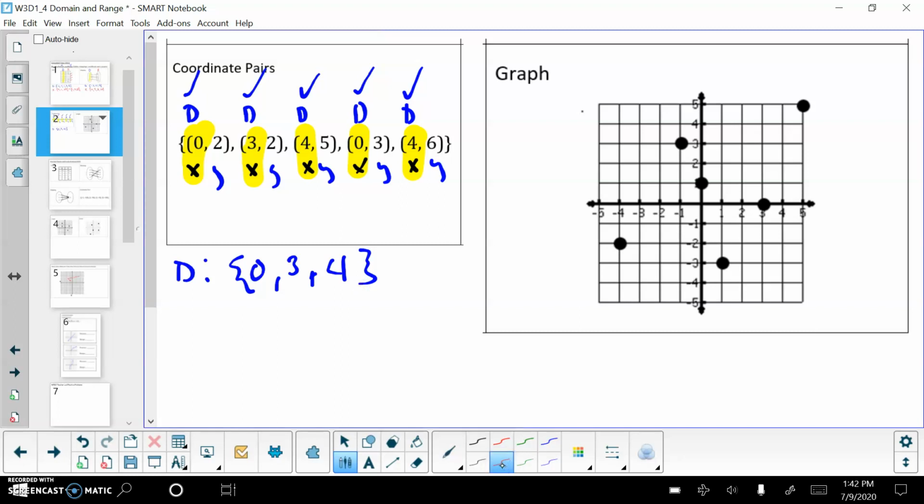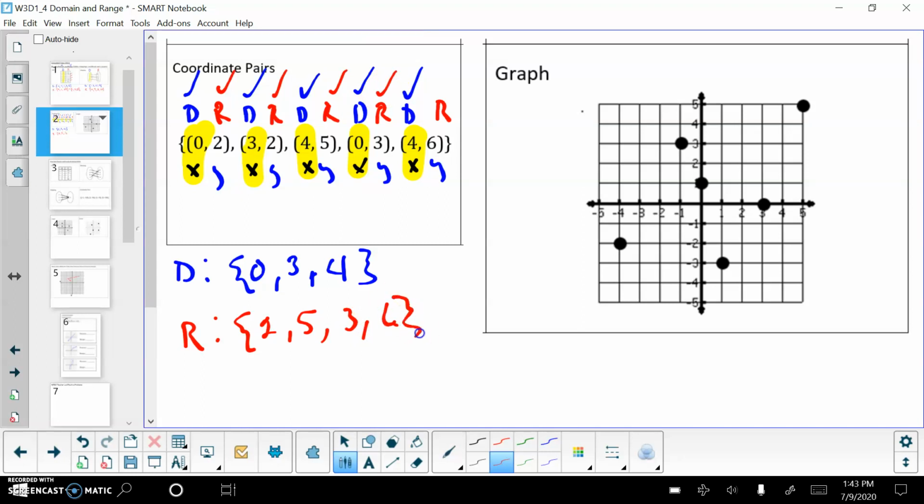Now the range values are on the other side, so I'm going to label them. Those correspond to the Y numbers. Okay, so I'm going to come down here and I'm going to write them. I've got a 2, and then I've got another 2, but I don't have to write it twice. I can just check it off. I've got a 5, and then I've got a 3, and then I've got a 6.